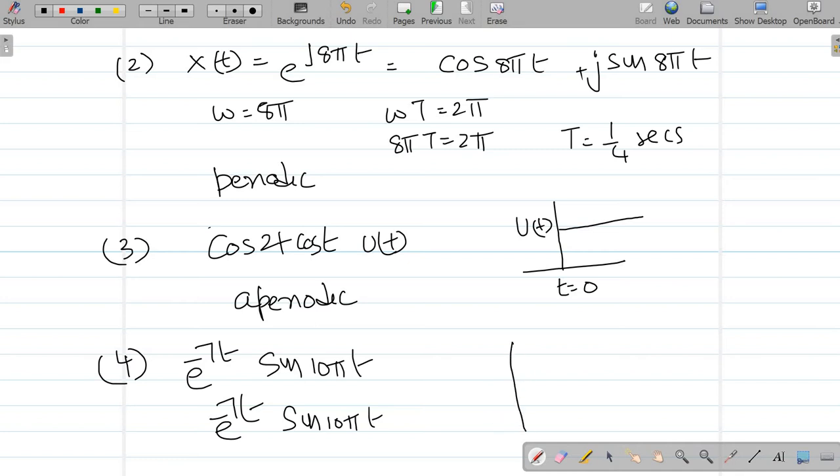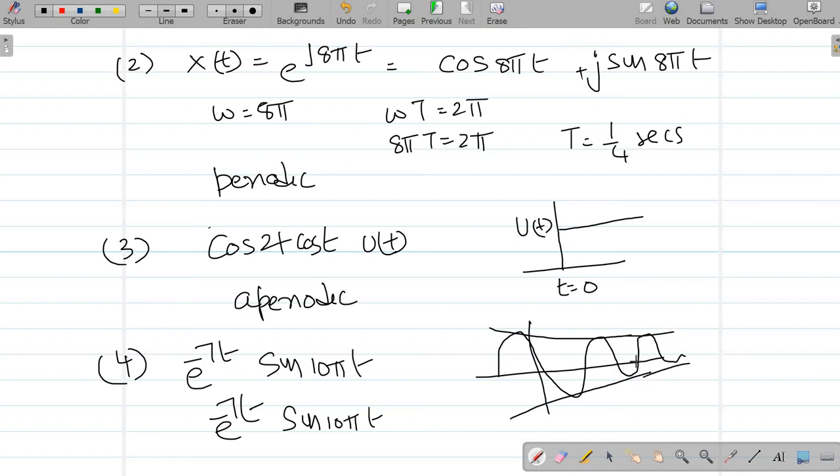So the signal will be something like this. Okay, I think this concludes our discussion on the fourth problem.